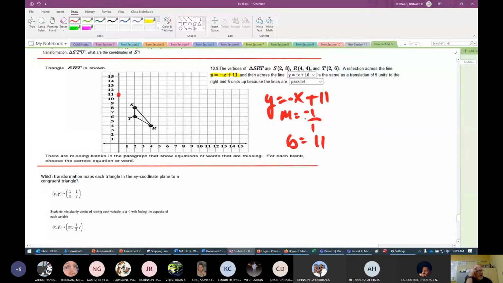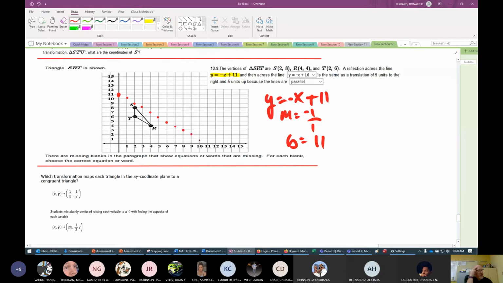And then I've got a slope of -1, a rise of -1, and a run of 1. So I go down and over 1, down and over 1, down and over 1, and keep going.